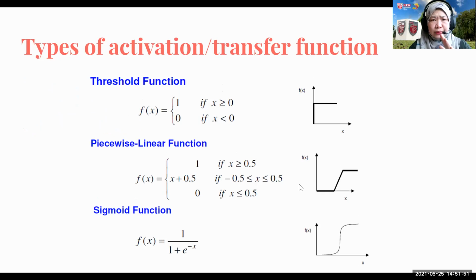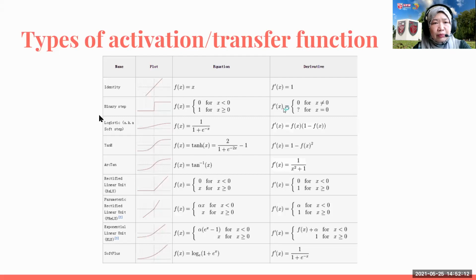So there are no rules saying that you must apply the same activation function to all neurons inside your model. No rules of that. So maybe your first neuron you use the threshold function, the second one you use sigmoid, the other maybe you use what else do we have here? Maybe we have binary step, then arctangent, maybe ReLU. As you can see here, the pattern of your output will be totally different.